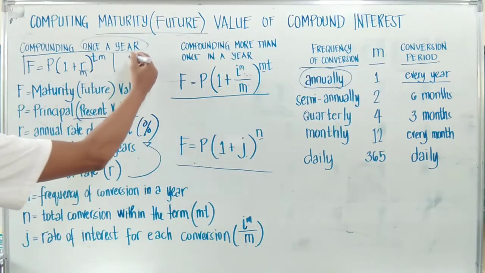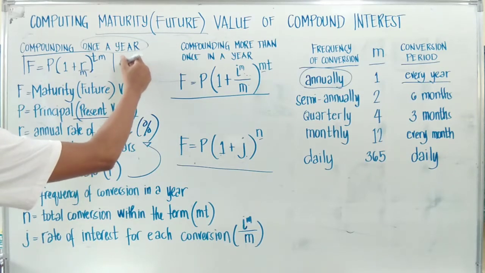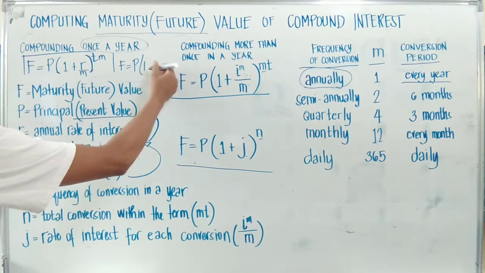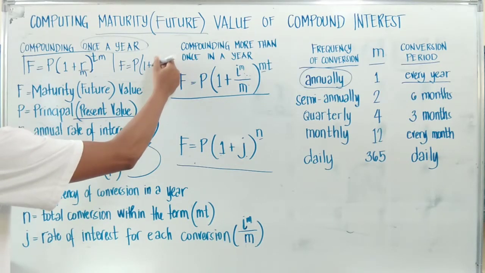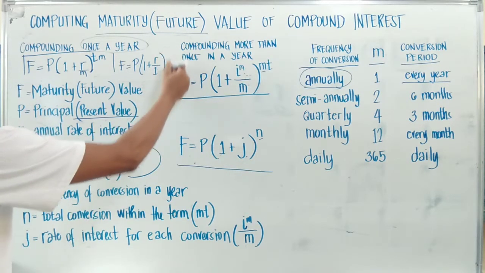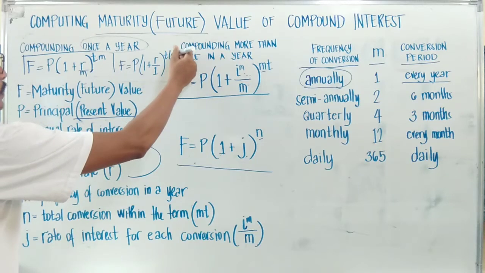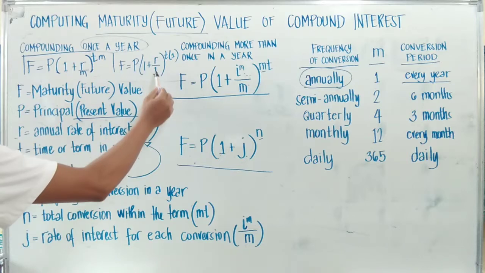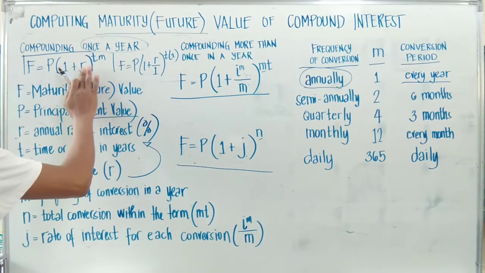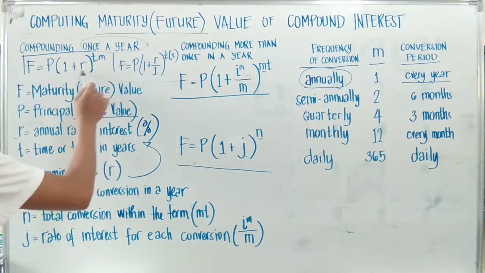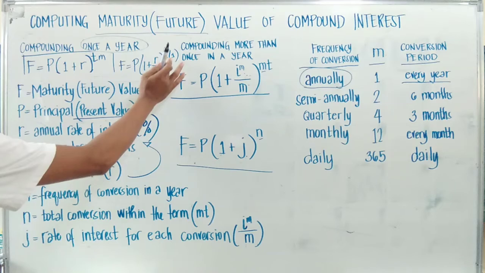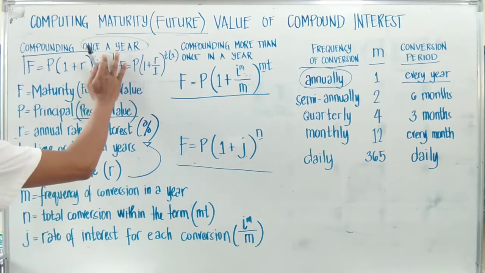So F will be equal to P times 1 plus R divided by 1, then T multiplied to 1. So R divided by 1 remains R. Then T multiplied to 1 will remain T.